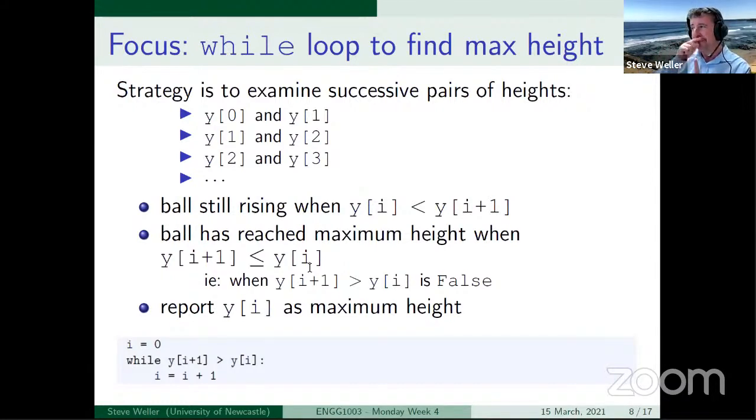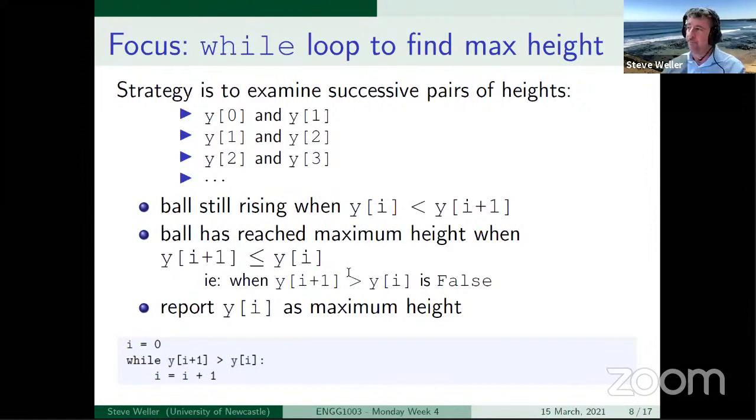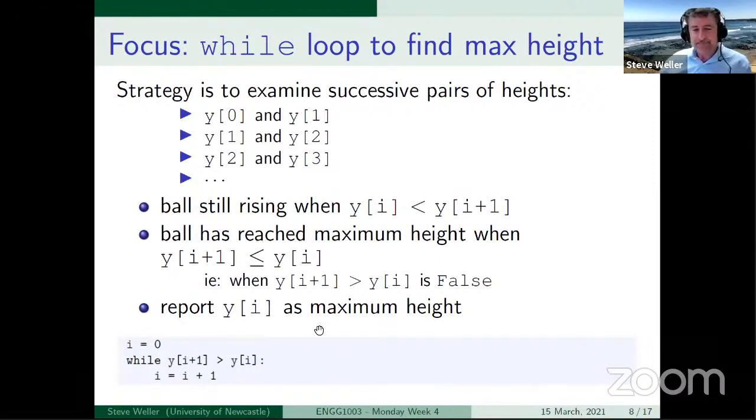More than likely, we don't exactly catch that time point, and the ball starts on its downward trajectory, and the condition that y(i+1) is greater than yi is false, at which point we can report yi as the maximum height.